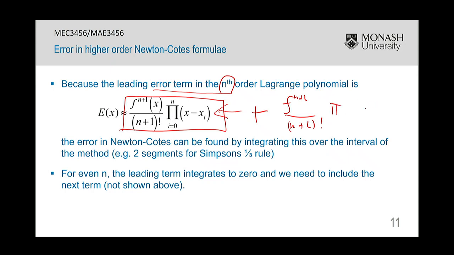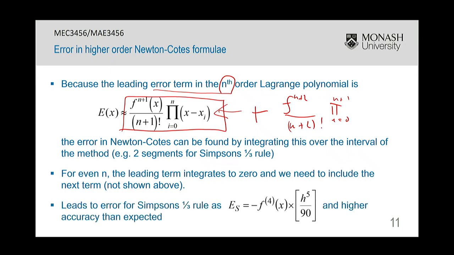And this will be a product term that goes from i equals 0 to n plus 1. Haven't actually shown that here. The fact that the leading term integrates to 0 for even n leads to the error in Simpson's 1/3 rule scaling like h to the 5th. And we get a higher accuracy than we would expect to with Simpson's 1/3 rule.